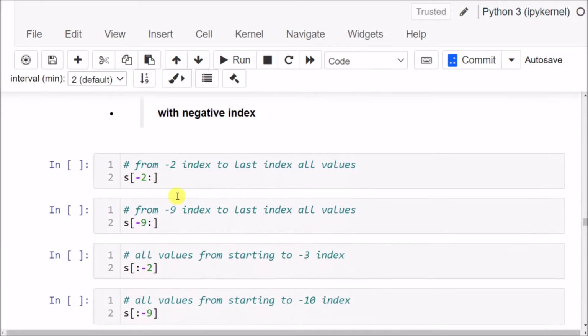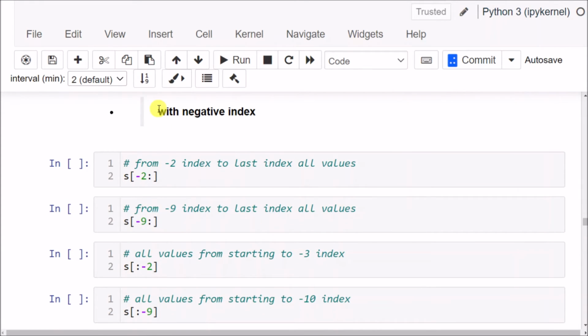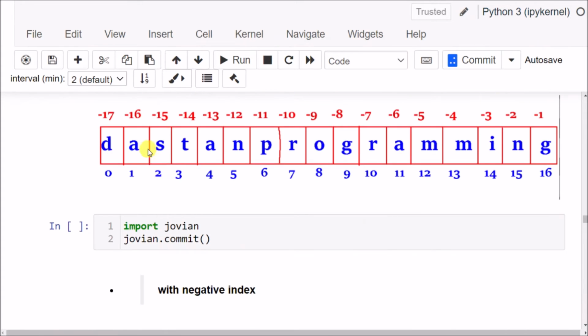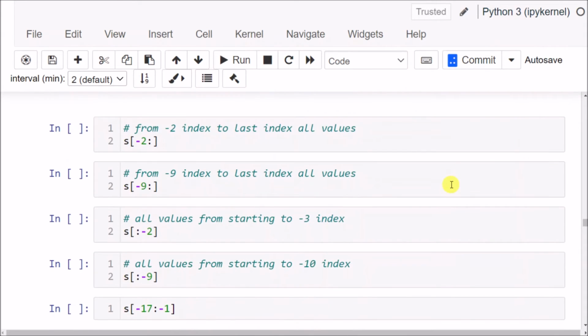Okay, and now we'll talk about the negative index, that is -2 to all values. We can see here -2 to all values, and we always move in the forward direction only, that is from left to right. So -2 to all values, that is n and g, so ng will print.